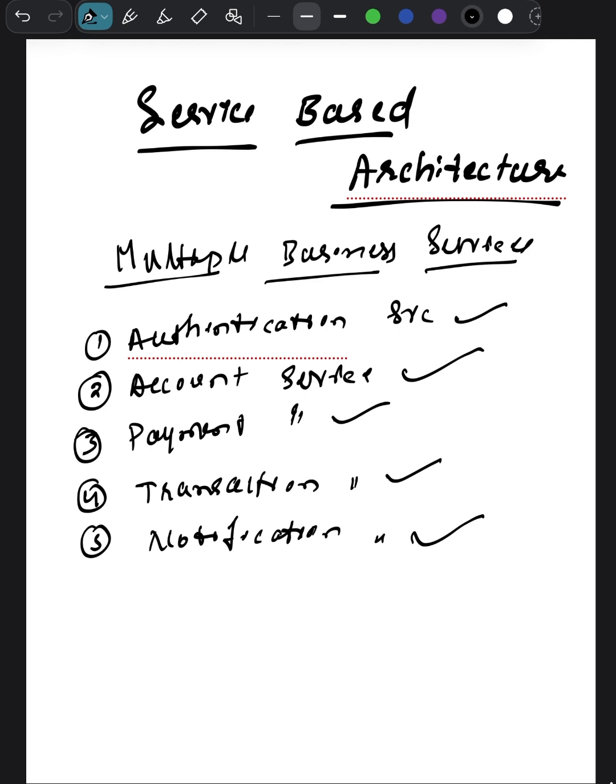And the account responsibilities are tied to account service. Right? Now, why the service-based architecture is better when compared to some of the similar architectures, the microservice architecture, or the layered architecture.